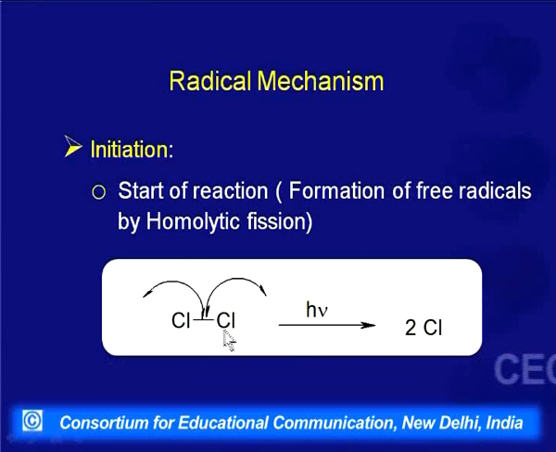So, a chlorine molecule gets broken down into 2 chlorine radicals in presence of sunlight or a photo source.